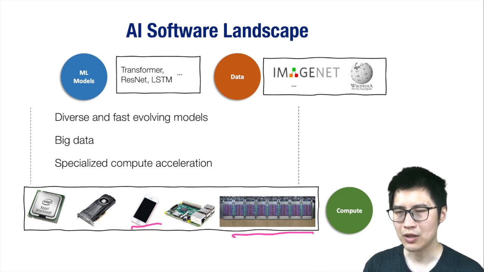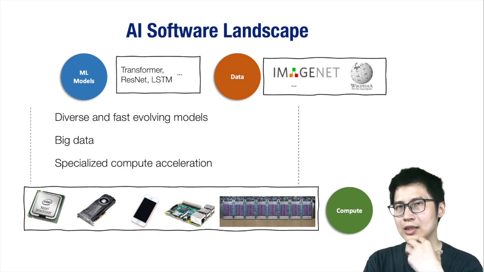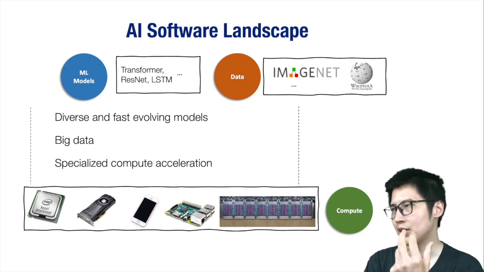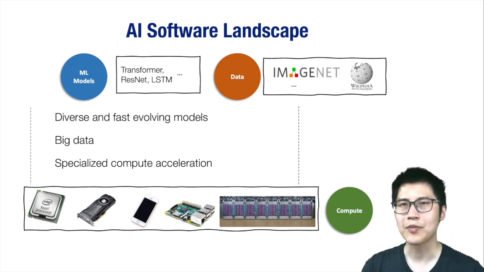This shift of computing paradigm really requires us to rethink how we build software in the age of AI. And that's where the topic of machine learning systems, in particular in this lecture machine learning compilation, jumps in to become a quite relevant topic that we're studying in today's age.